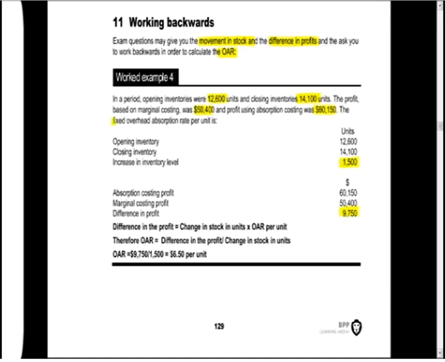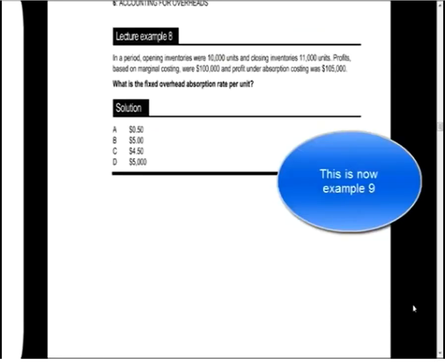What we have to work out here then is what the fixed overhead absorption rate per unit is. We're going to use this formula. The difference in profit is equal to the change in stock in units times by the overhead absorption rate per unit. So the overhead absorption rate here is equal to 9,750 divided by 1,500. So it's $6.50 per unit.